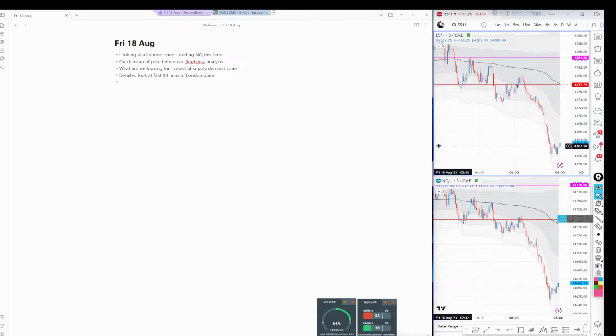Then we'll look at what we're actually looking for by way of one setup, which we're going to focus on for this analysis. I don't think it's worth looking at multiple setups. There's just one setup. It's a fairly simple, generic setup where we are using the benefit of Bookmap to enhance the ability to see the setup in real time.